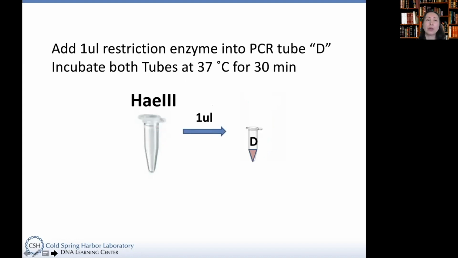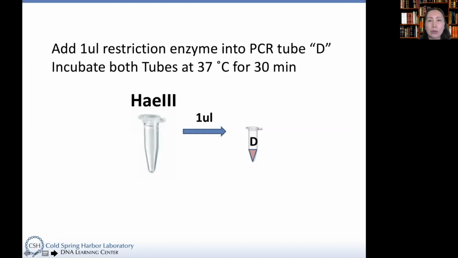Then we're going to add 1 microliter of restriction enzyme, HAE3, into the tube labeled D, the original PCR tube. That means we're going to use the enzyme to digest it at 37 degrees for 30 minutes.